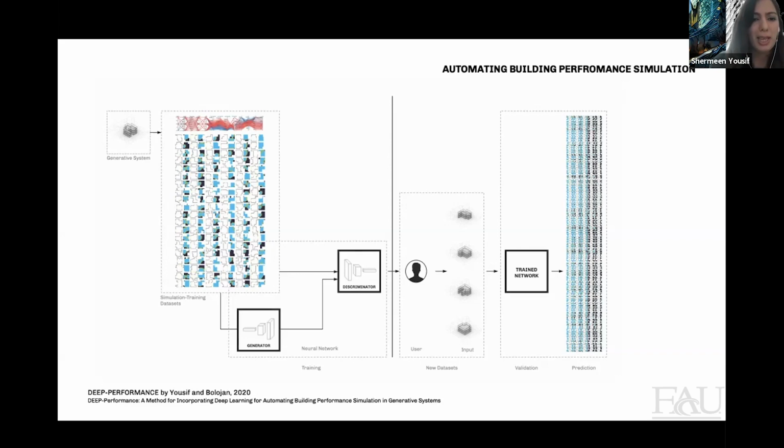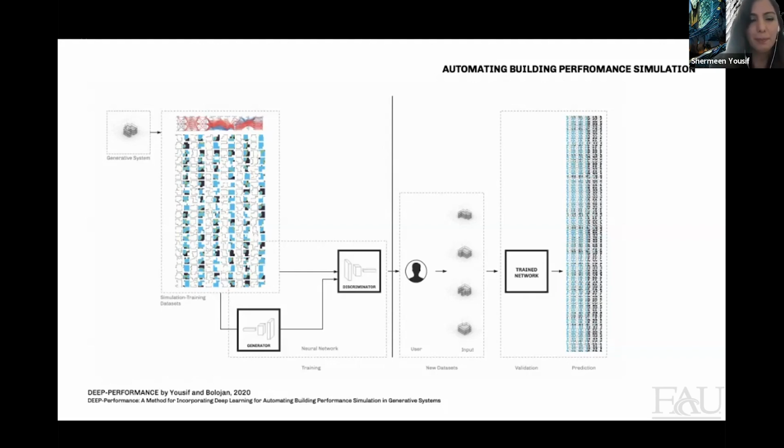Now we are using AI, in this case, Pix2Pix, so that we take all of the floor plans that the computational system generates for us, and then we train an AI so that it takes the floor plans and can predict the daylight simulation represented in these color-coded meshes, between blue and dark blue.